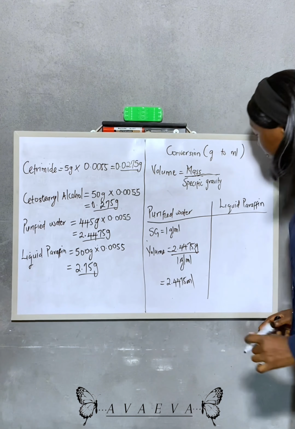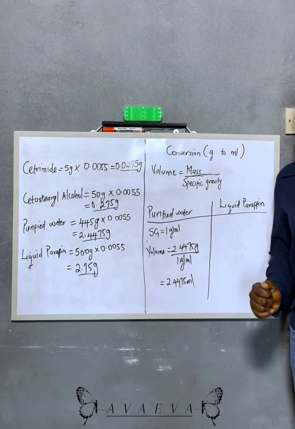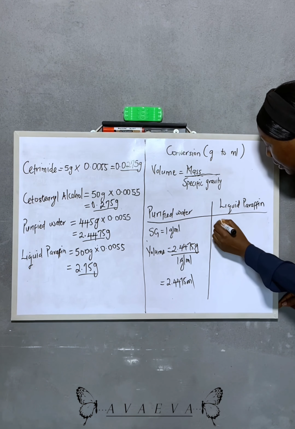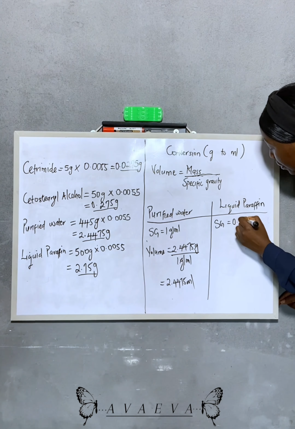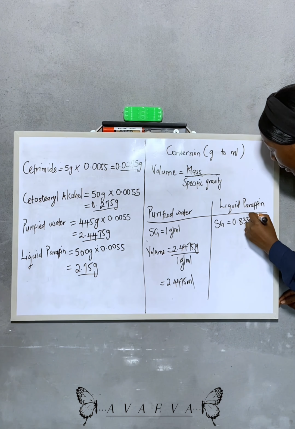2.4475 mil. Now for liquid paraffin, your specific gravity for liquid paraffin is 0.835 gram per mil.